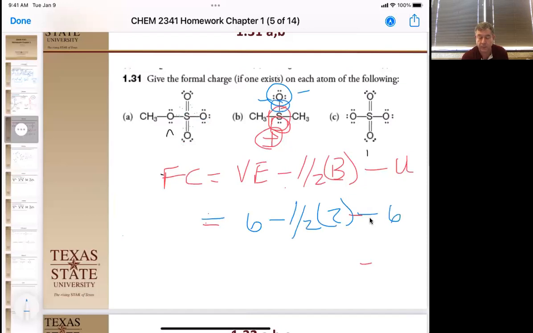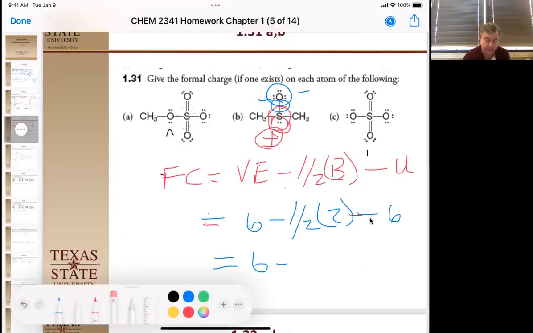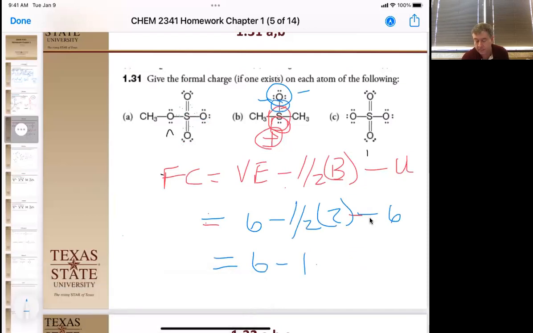So our formal charge on oxygen is 6 minus 1/2 of 2, which is 1, minus 6, giving us a minus 1 charge. So the oxygen has a minus 1 charge.